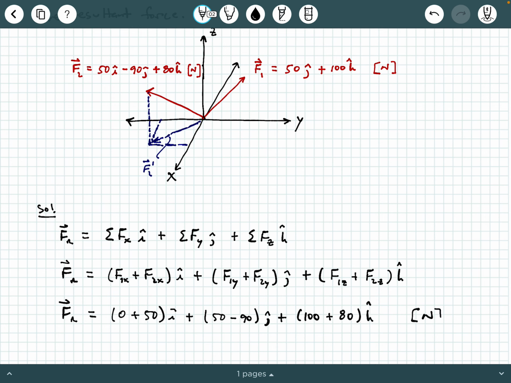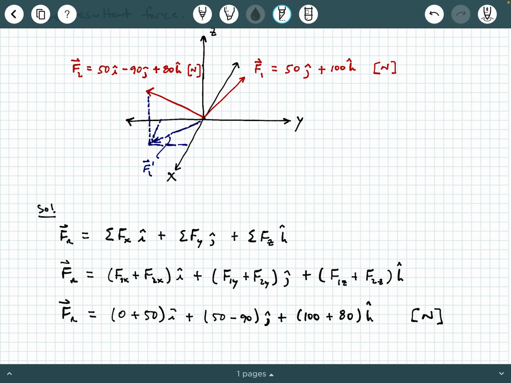Collectively, this has units of newtons because each one of these components has units of newtons. So where did I get these values from? This 0 represents that F1 has a 0 x component, and then the plus 50 is the 50 on the x component of F2.